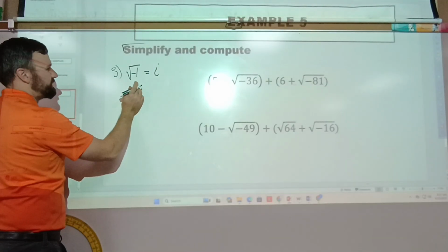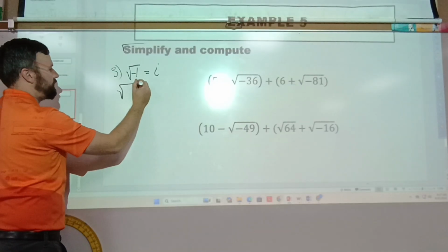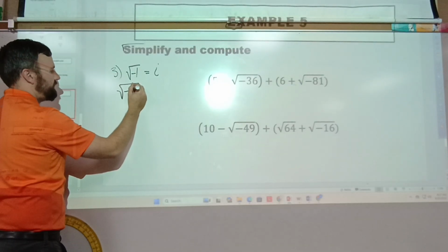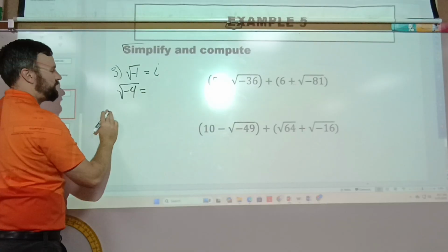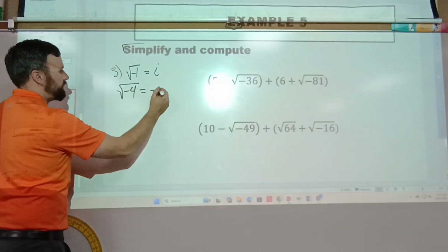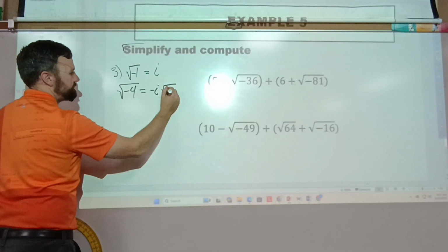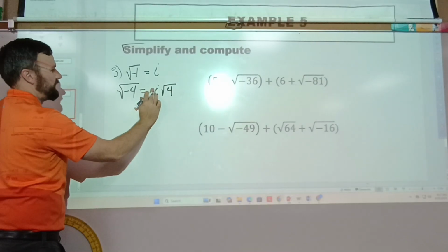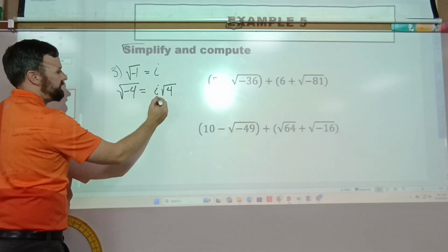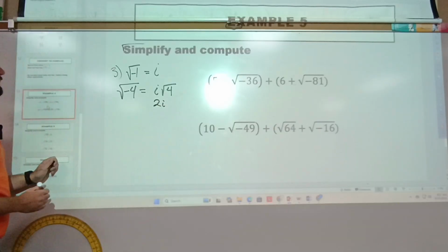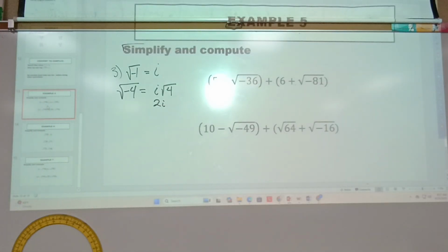So what that means is, I'll give you an example. If I have the square root of -4, I can pull out the i, 2i, right? So anytime I see a square root of a negative, I just pull out an i, and it'll make it positive.